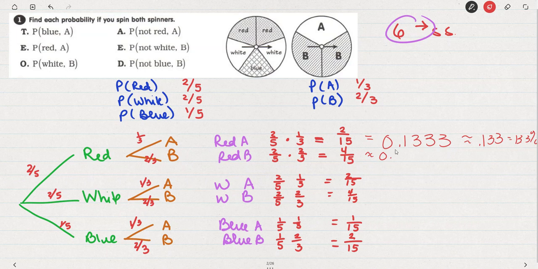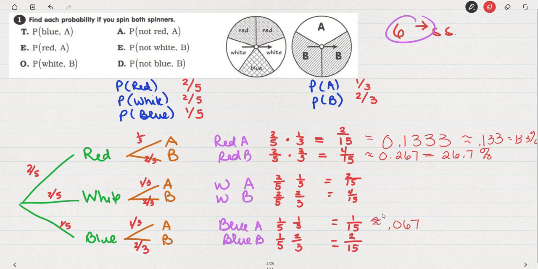4 divided by 15, when I round that to 3 decimal places, I'd get 0.266, and the third 6 is going to go up to 7. And then I can change this to a percent by multiplying by 100, 26.7%. And so on. You could do the same for each of these other numbers. 1 divided by 15 is going to give us 0.067.